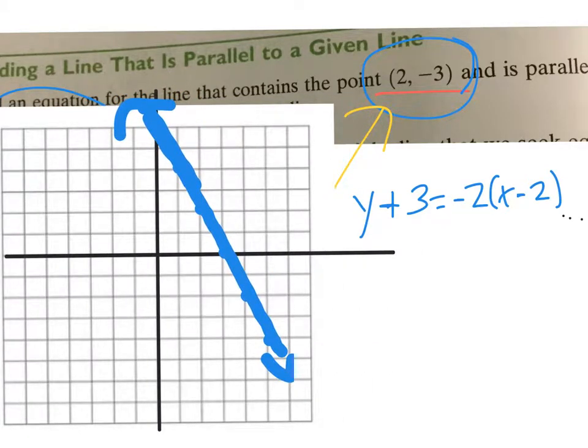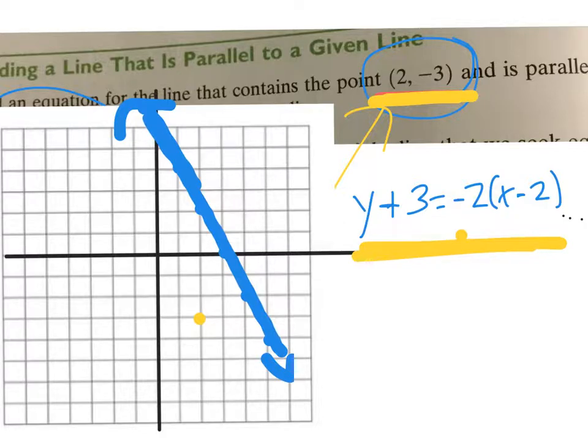Good questions there. Now, let's look at the other line, which is the line that I found the equation for. I know a point that it goes through, right? It goes through (2, -3). So I'm just going to plot that point. (2, -3) is right there. And then I know the slope of my line is -2.